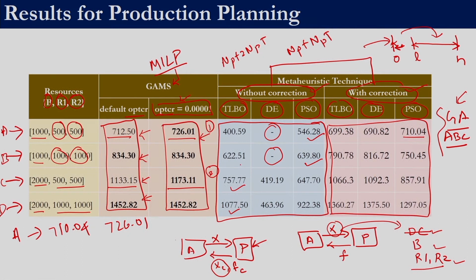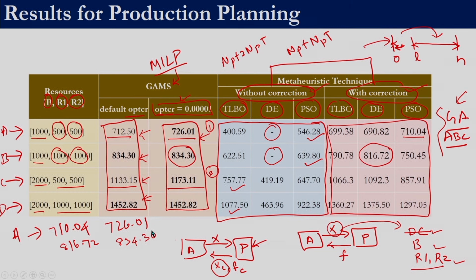For the second case, the best value from any metaheuristic technique is with DE, 816.72, whereas what we get from the MILP formulation is 834.30.